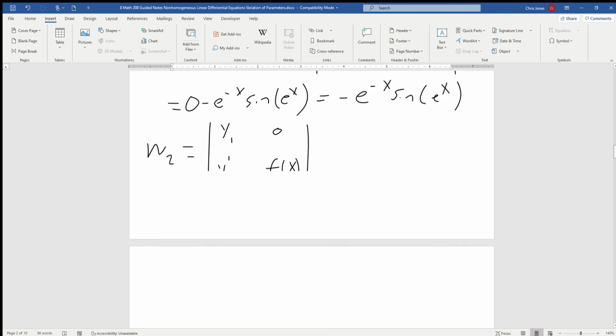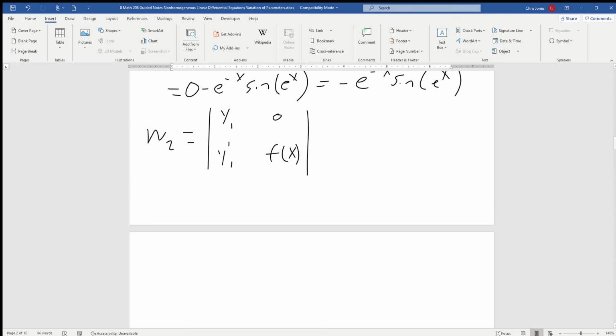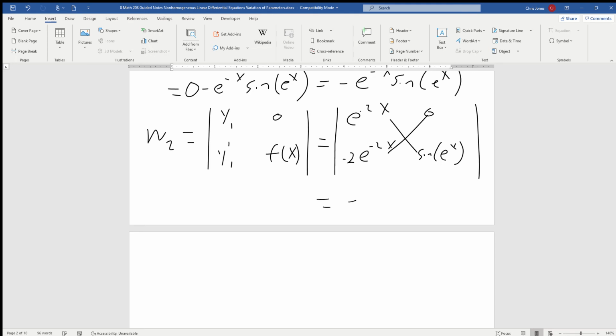So when we compute, remember y1 was e to the minus 2x, and the derivative -2e to the minus 2x, 0, and then we have our sine of e to the x. This one's pretty easy. That's just going to be equal to e to the minus 2x sine e to the x.